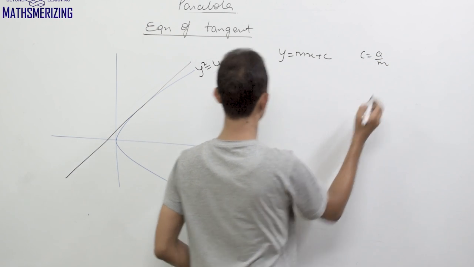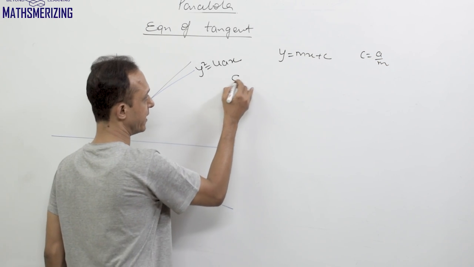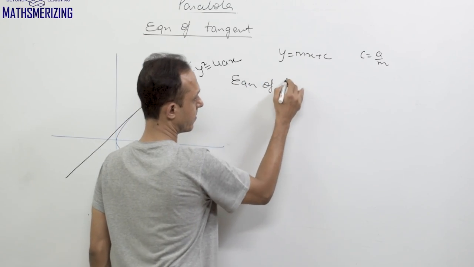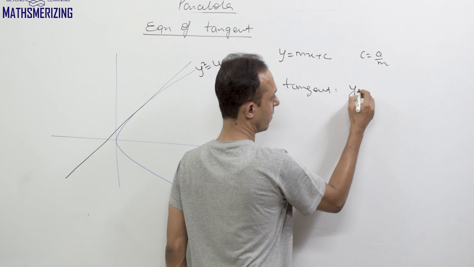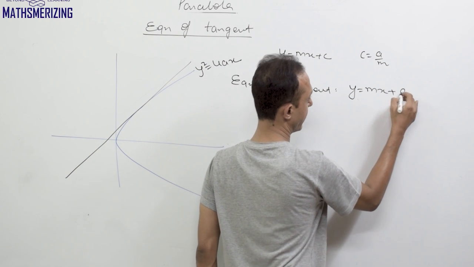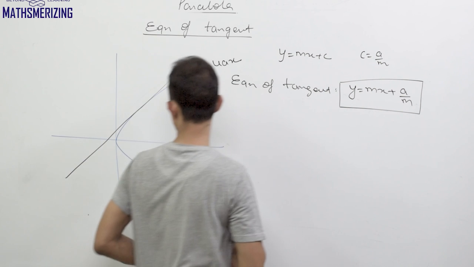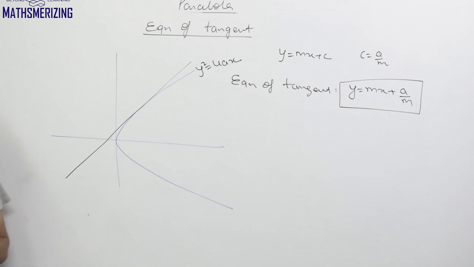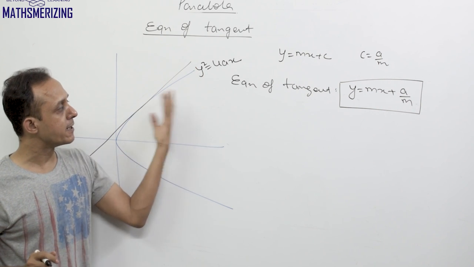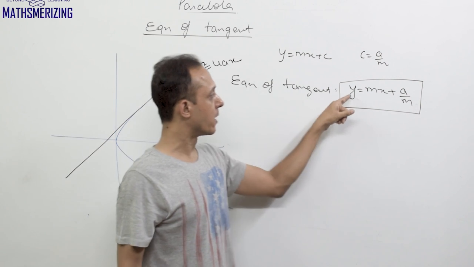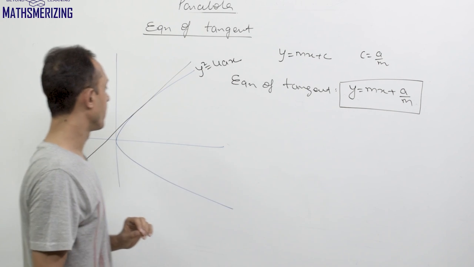So for this parabola, if we need to write equation of tangent, we'll just write this equation of tangent as y equals mx plus a by m, where m is the slope of this tangent. So if we have slope and if we have this equation, then we can simply write equation of tangent to this parabola as y equals mx plus a by m.